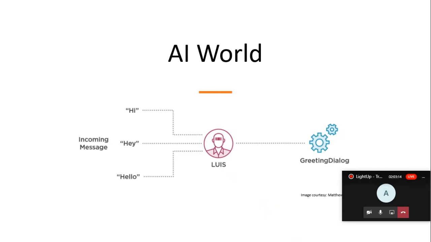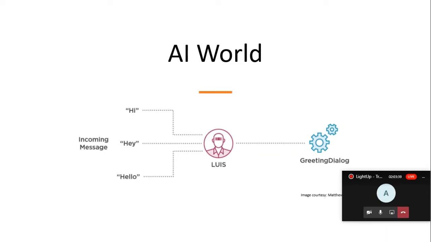Here we can see there are a few messages which any user usually prefers to say. In order to greet someone, many people have their own ways. Someone says hi, someone says hey, the rest may say hello. And if you go to other countries, they have their own way of saying hey. So how will the bot understand?